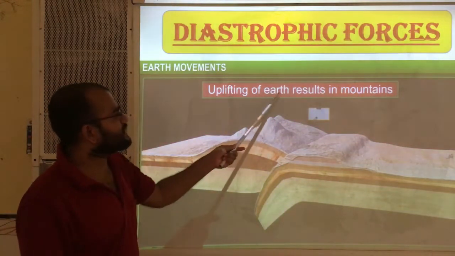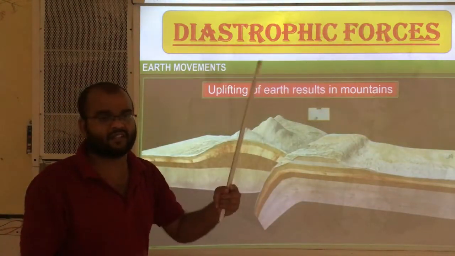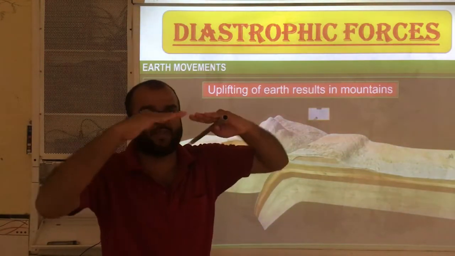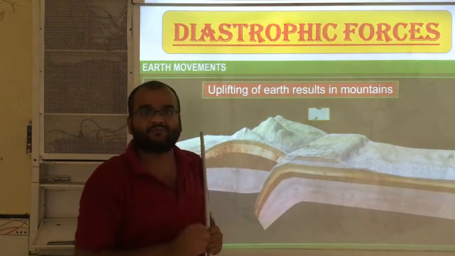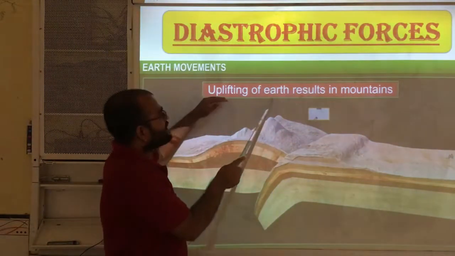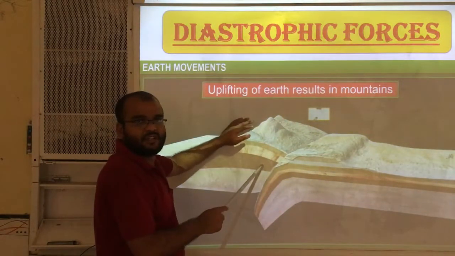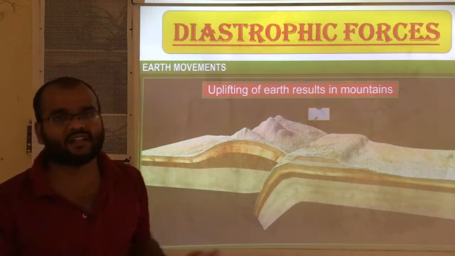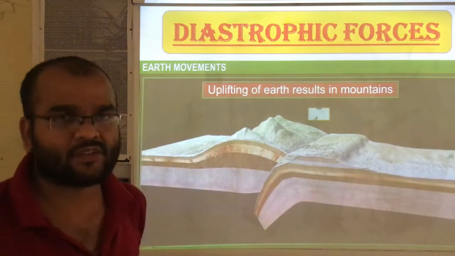So uplifting of the earth results in mountains. Uplifting means, see here, like this, moving upside. Because of this movement, the mountains are formed. So all these are related to endogenic forces.